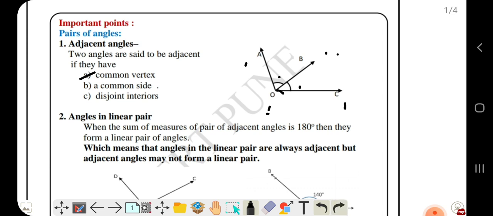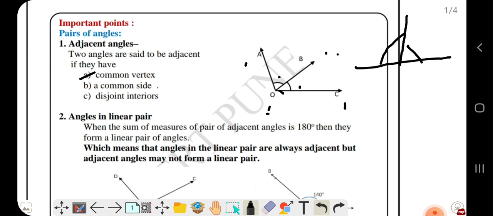Then a common side. If a common side is there, then that time also there will be two angles forming. The third point is disjoint interiors. It means the interiors should not be joined, they should be disjoint interiors.